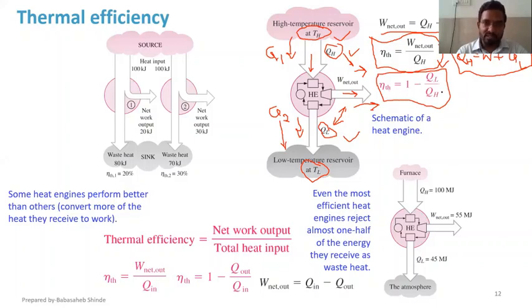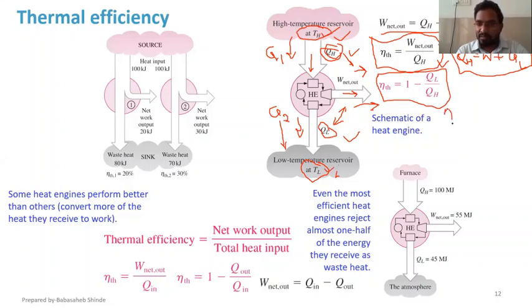Or in some cases, this QL will be replaced by TL and QH will be replaced by TH. The reason is we know that the amount of heat absorbed by the engine from the high temperature reservoir will be proportional to the temperature of reservoir. Similarly, this QL, that is amount of heat rejected to a low temperature sink, will be proportional to temperature of the sink.